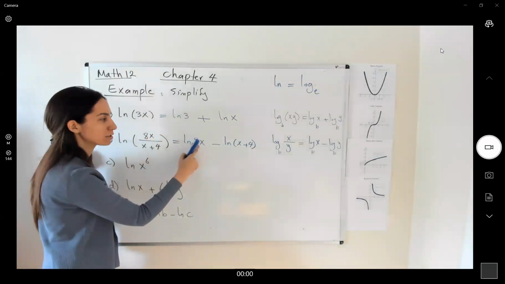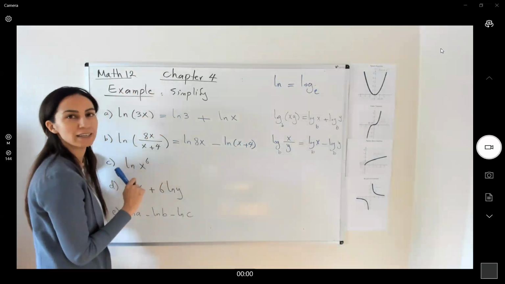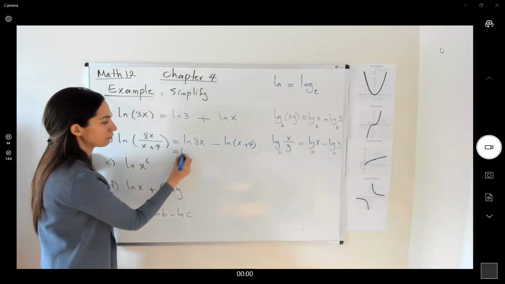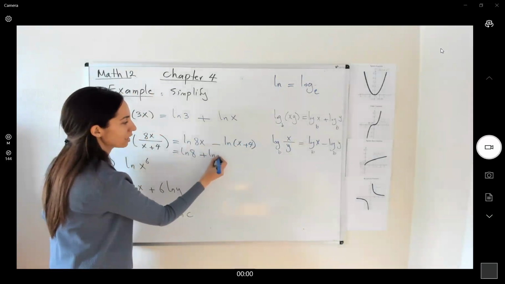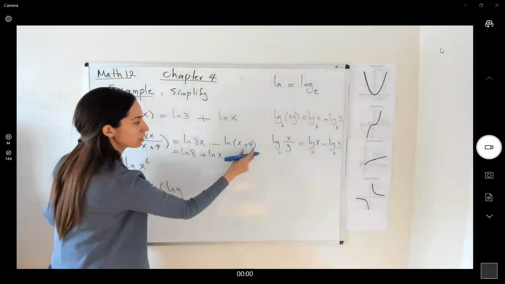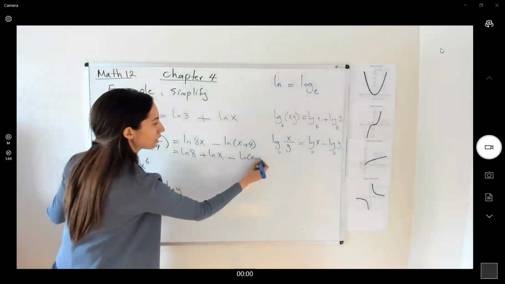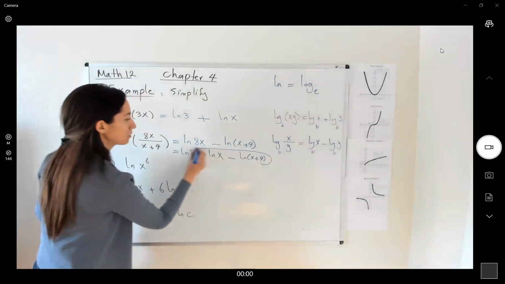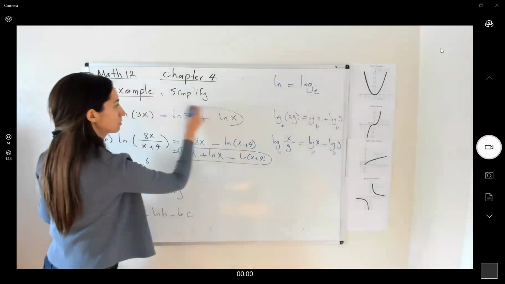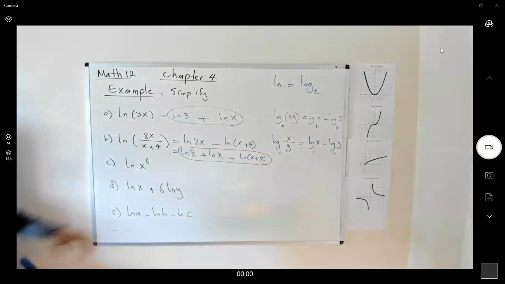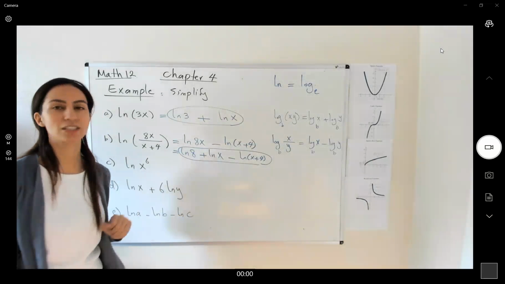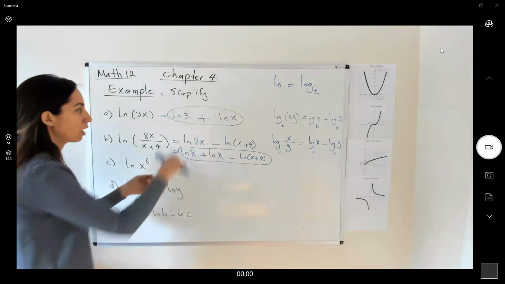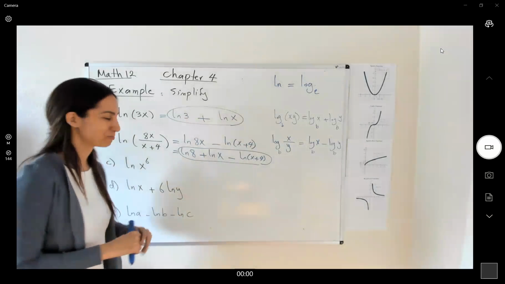Here you have multiplication between 8 and x. So we can simplify this more. ln of 8 plus ln of x minus, we copy this guy down. Again, for ln of 8, you can use your calculator. It is just a number. On the exam, I want to leave them as they are.